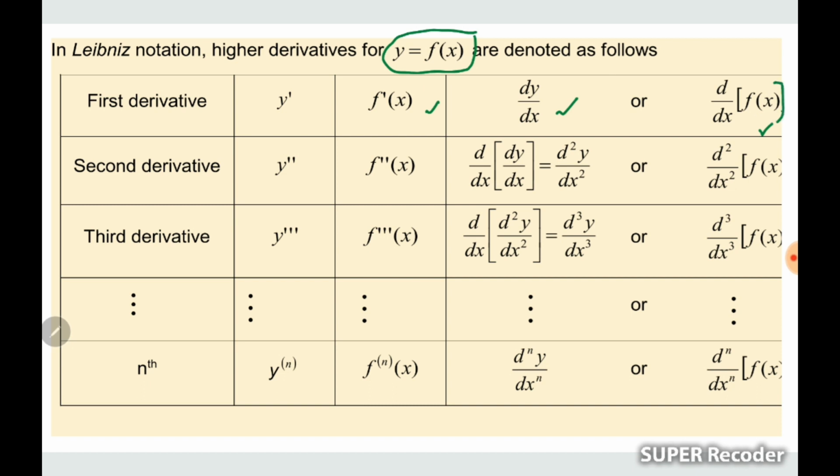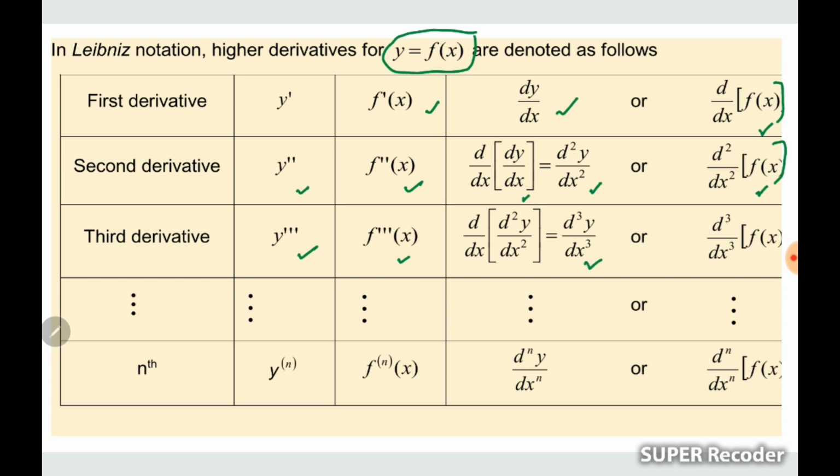Okay, for the second derivative, you can write y double prime, or f double prime, or d dx of dy dx, which means d squared y dx squared, or d squared dx squared of f x. For the third derivative, you can write y triple prime, or f triple prime, or d cubed y dx cubed.